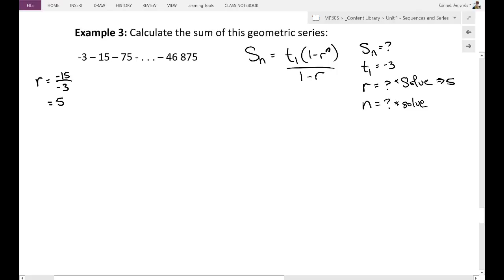So when we go to plug in to the equation, Tn equals T1 r to the power of n minus 1, we do know term n. We know its value. We don't know what n is, but we know that when we get there, whatever term it is, it's going to equal negative 46,875. So we can fill that part in.